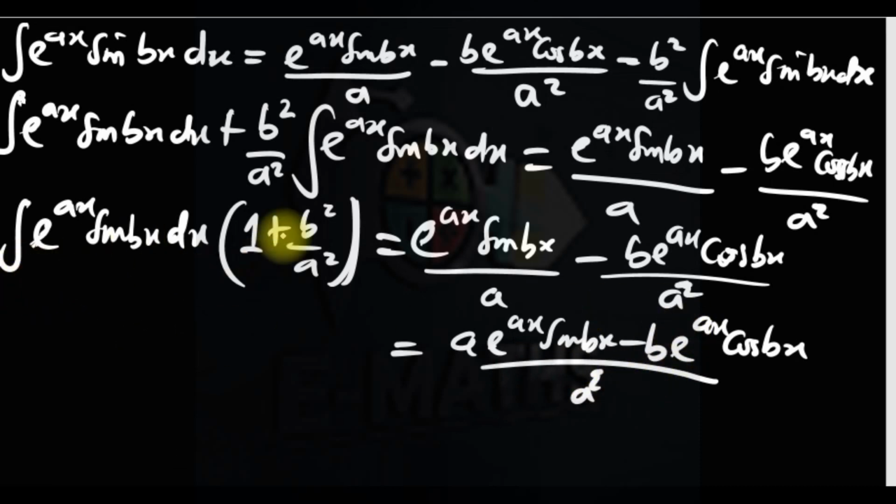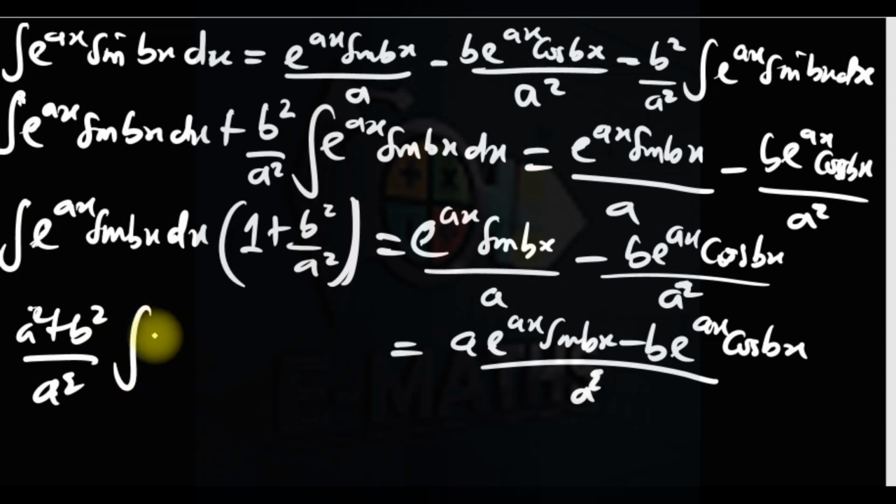So why this is equal to, maybe let's just get the LCM. It is a squared. So I have a squared plus b squared. So I'm writing this first now. This now times the integral of e raised to power ax sine bx dx. Do you get?